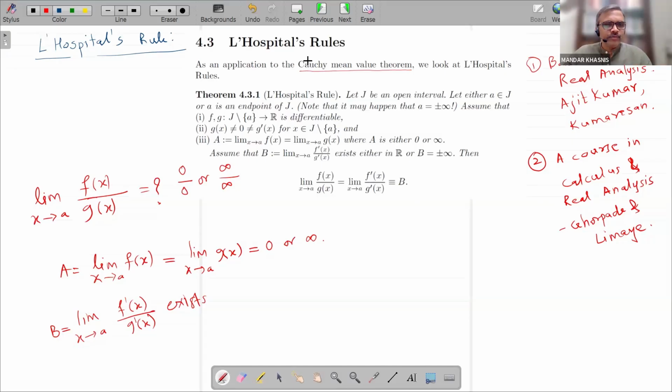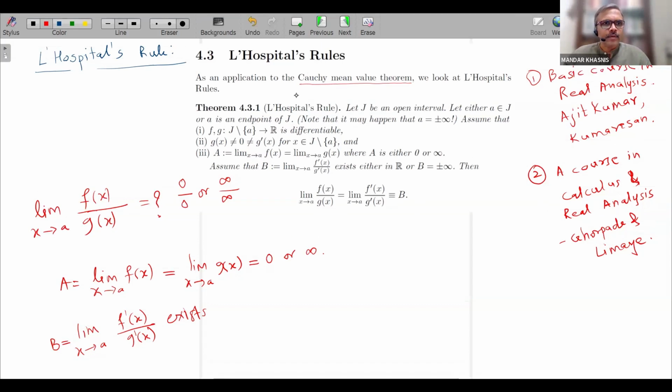Now we'll move to the problem sheet. Let me quickly share the link so that you all can access it. I've posted the link in the chat box.